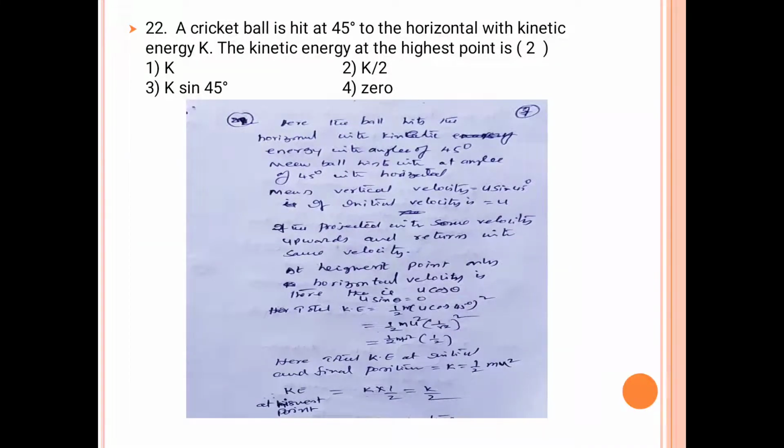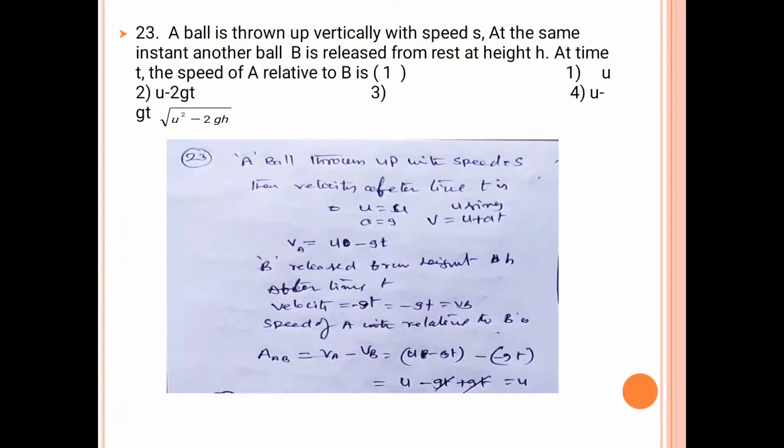Next, 23. A ball is thrown upwards with the velocity u. After time t, what will be the velocity VA?